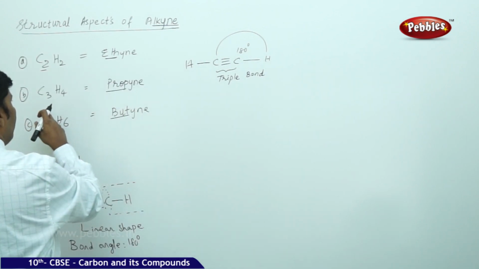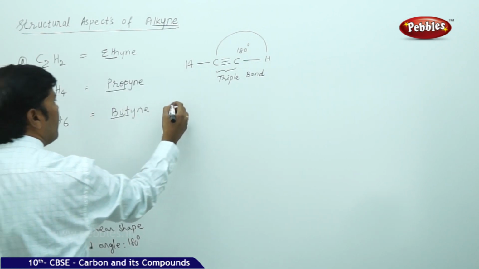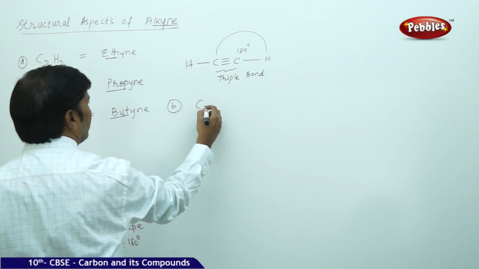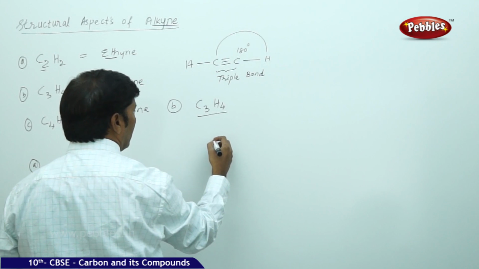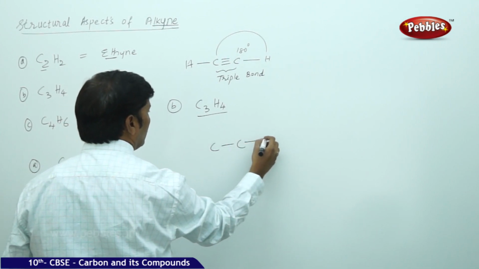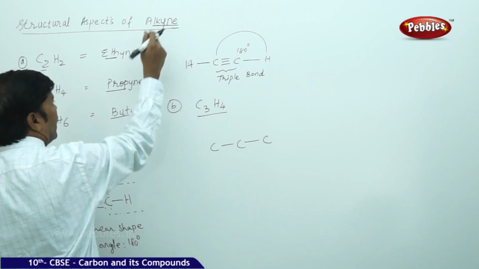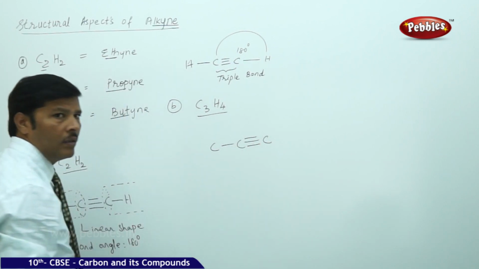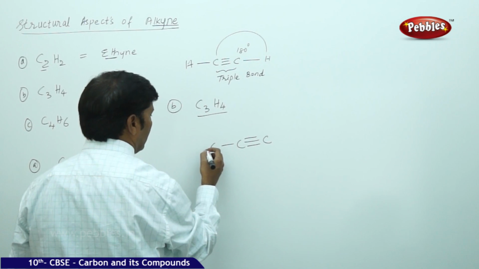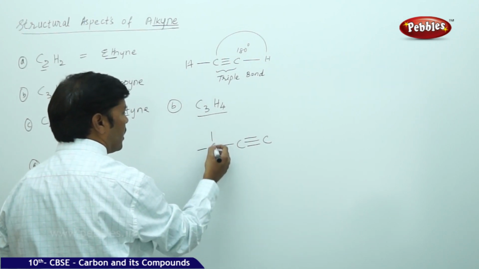Similarly, next B, go for C3H4. There are three carbons, 1, 2, 3. Because it's an alkyne, between any two carbons you create a triple bond, and you satisfy the tetravalencies of each carbon.